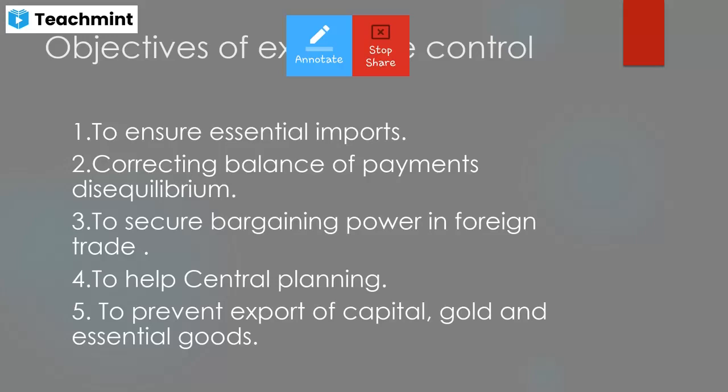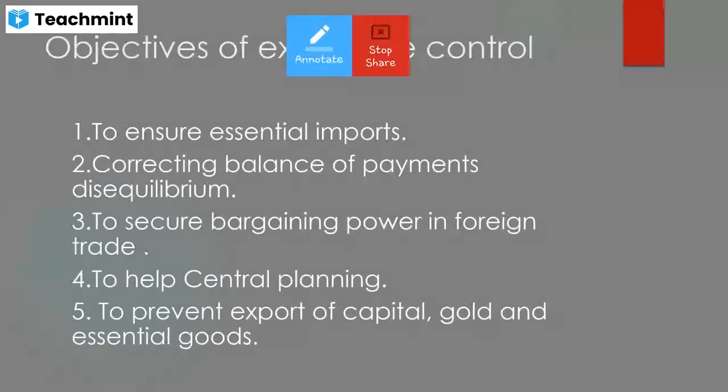This is very important. If we are having scarce or limited exportable resources, then at that time we have to control exchange transactions with limited countries of the world.